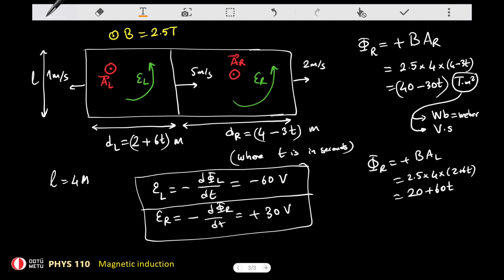By applying Faraday's law directly, I can compute both the magnitude and the signs as well.